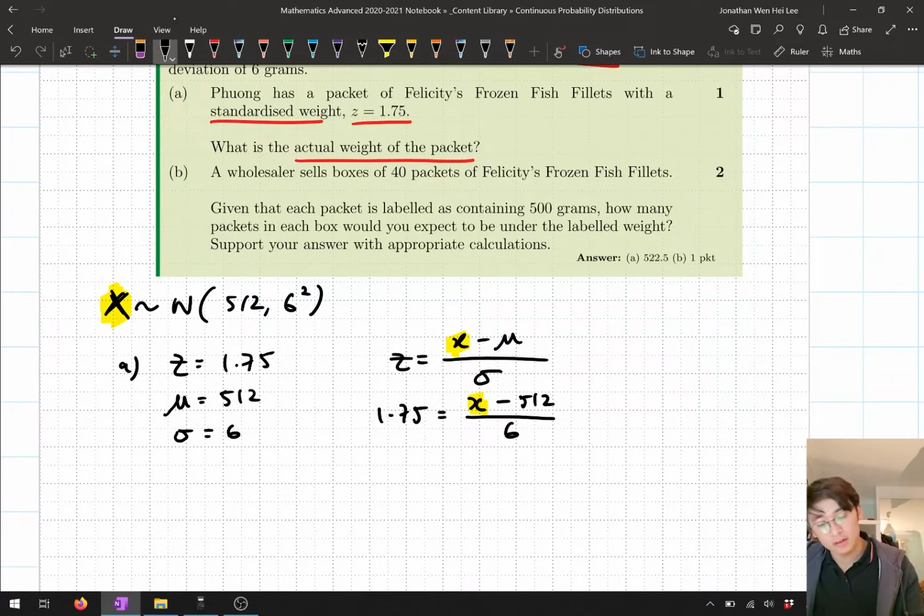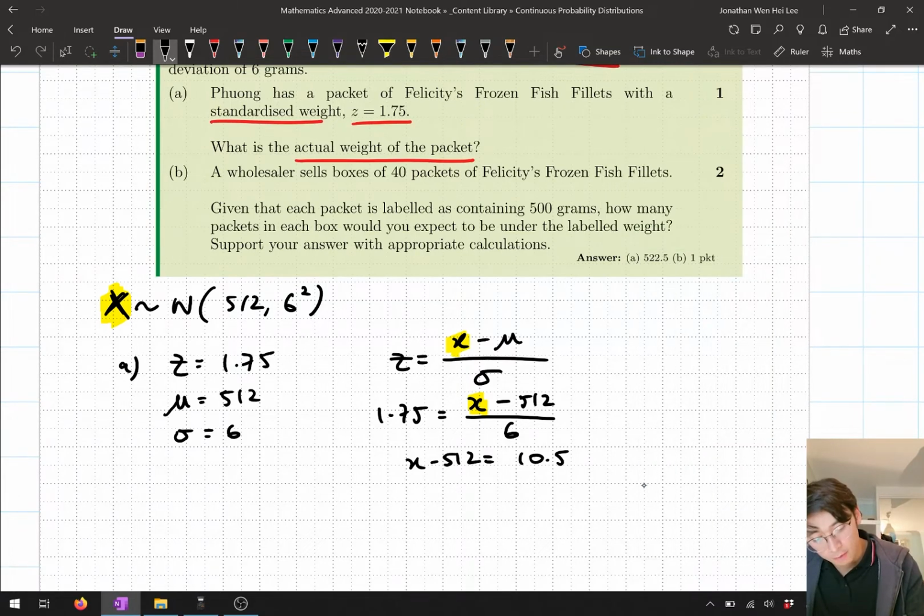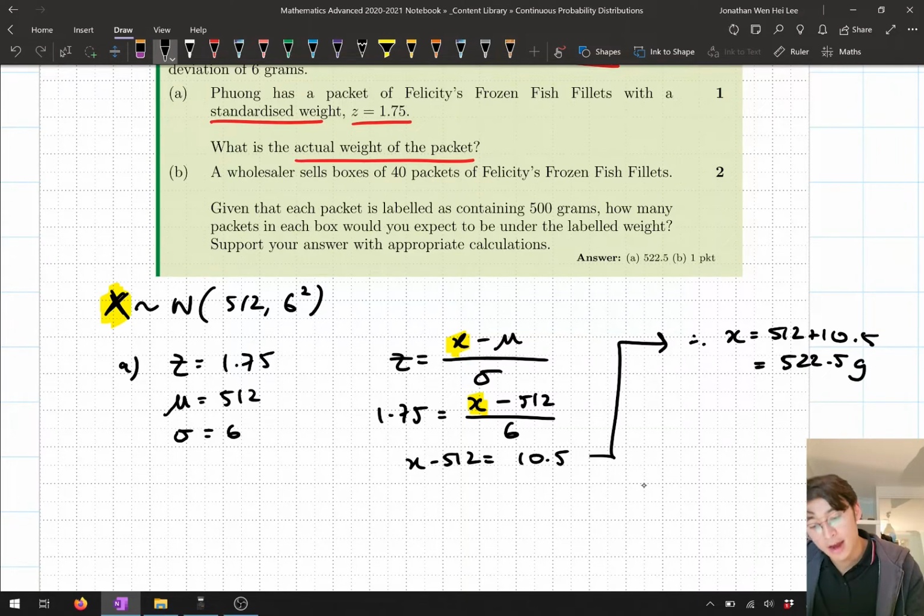If I start to solve and rearrange this, I multiply 6 over. So I've got x minus 512 is equal to 1.75 times 6. 1.75 times 6 gives me 10.5. And so therefore, x is equal to 512 plus 10.5, which is 522.5 grams.